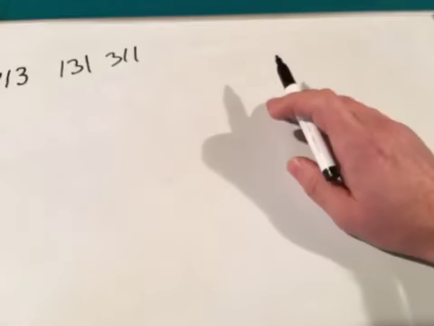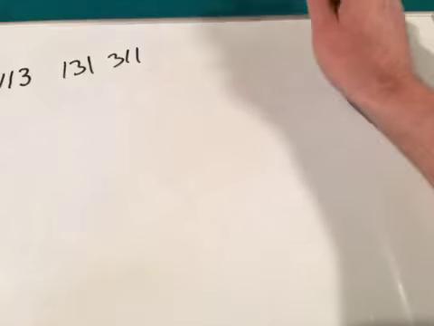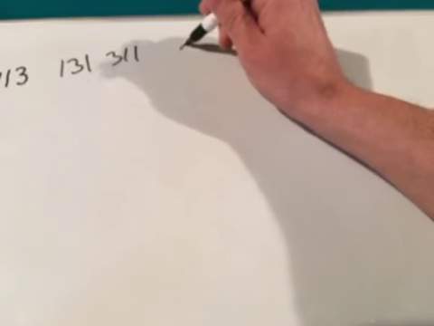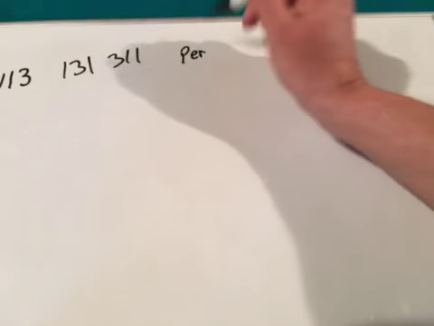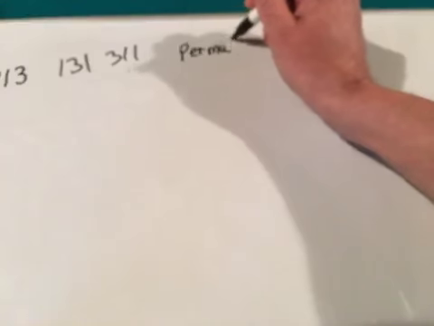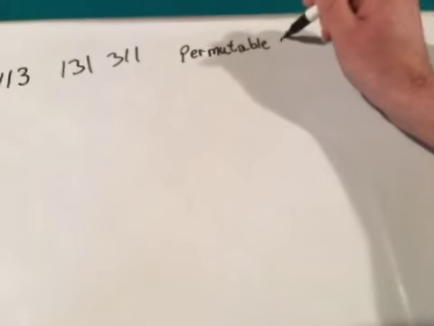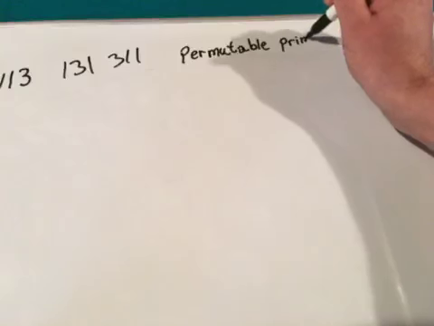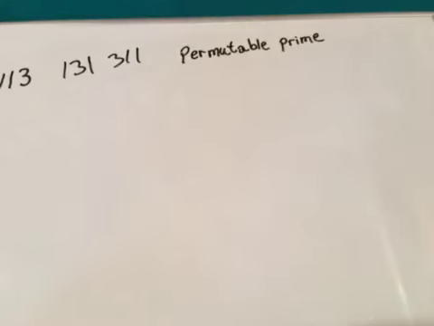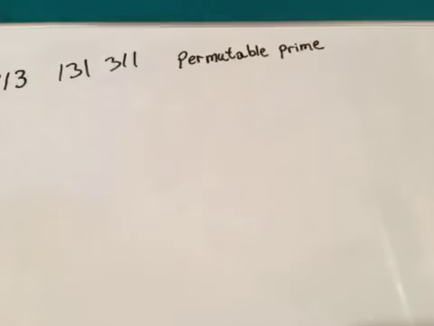Well, when that happens, we say 113 is a permutable prime. A permutable prime. So that's kind of cool, but how many permutable primes are there?